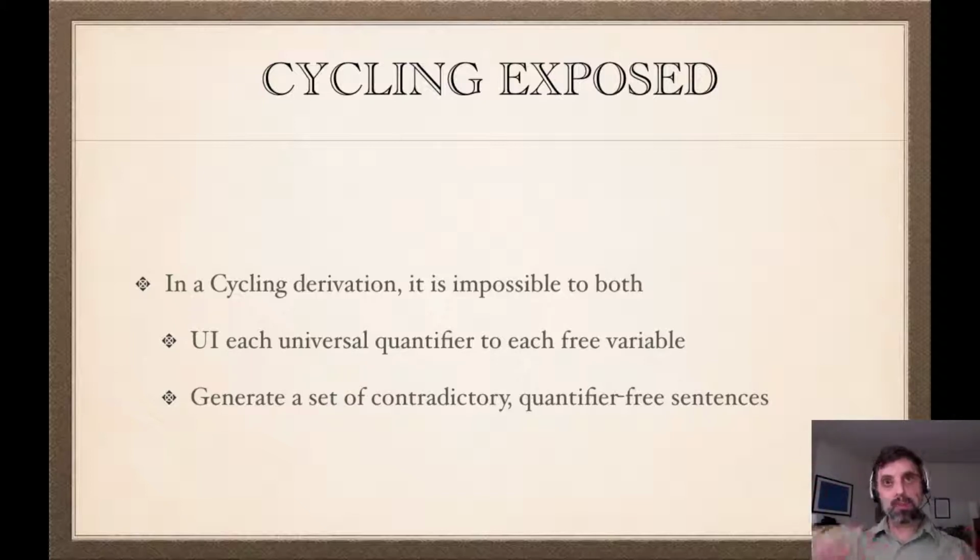You instantiate each existential quantifier, universally instantiate each universal quantifier to all those variables from EI and to names, and then you get a set of sentences that are quantifier free and contradictory. But you can't follow that strategy anymore. You can't UI to each free variable and generate a set of contradictory quantifier-free sentences. So we have to do something else.